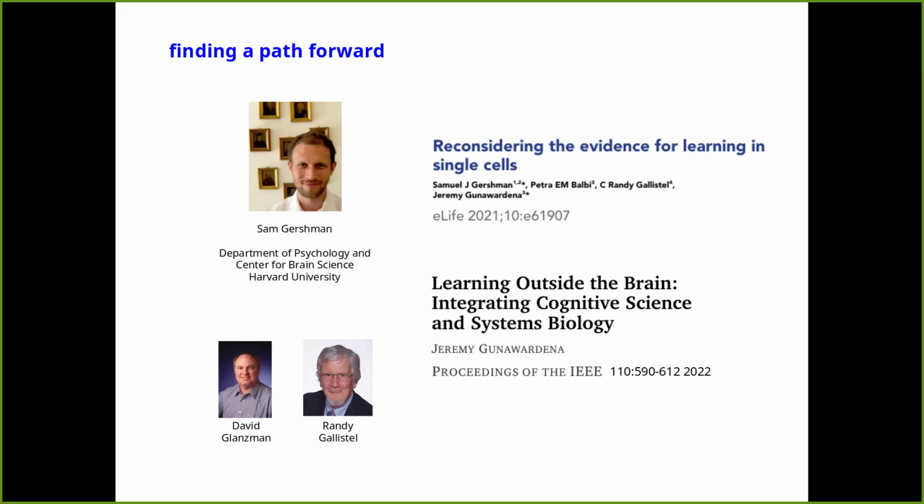And this has resulted in a couple of perspective papers, which provide some background for some of the things I'm going to talk about, and particularly the paper in the Proceedings of the IEEE, which I wrote a couple of years ago, summarizes some of the ideas that I'm going to tell you about today.